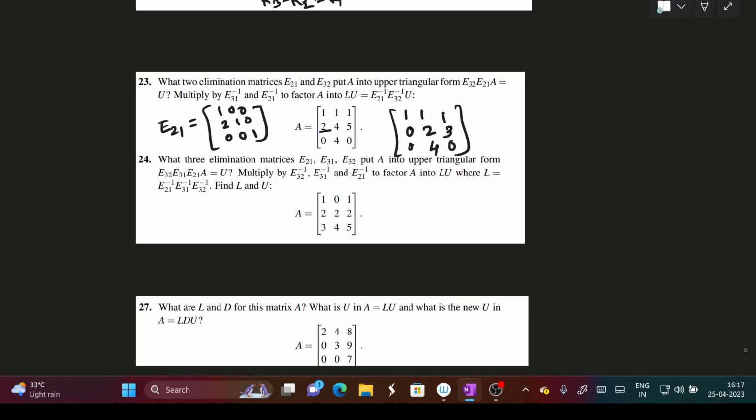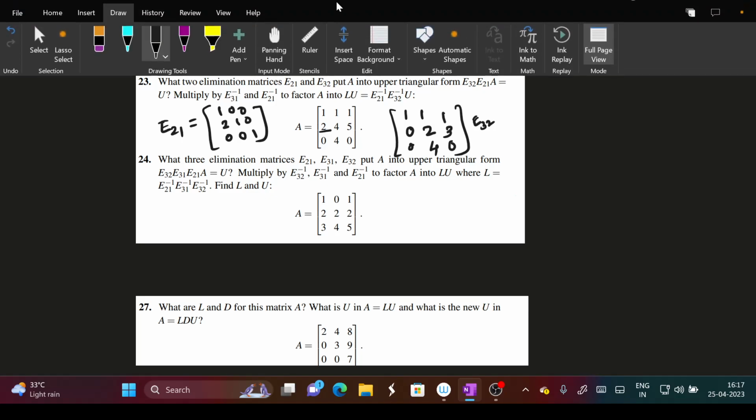Similarly, what will be E32? Here again, it is R3 minus 2R2 stored in R3. So what is my 3-2 position matrix? In the 3-2 position only there will be 2, and all the rest of the elements are as in the identity.